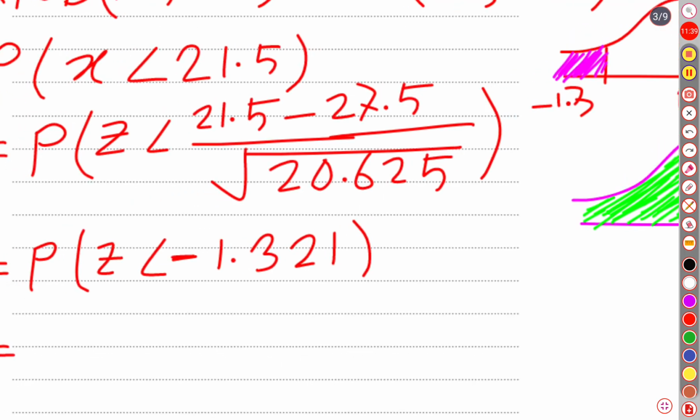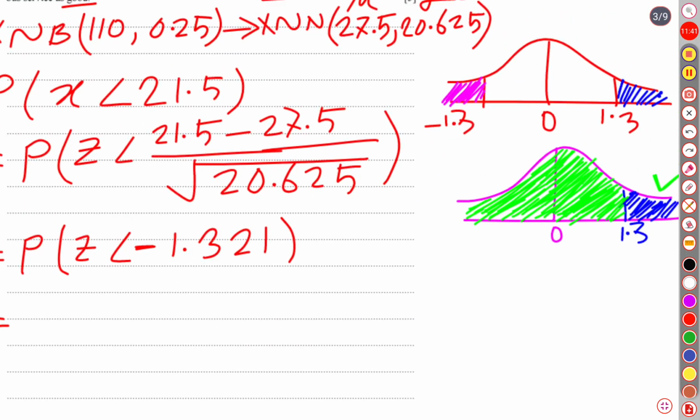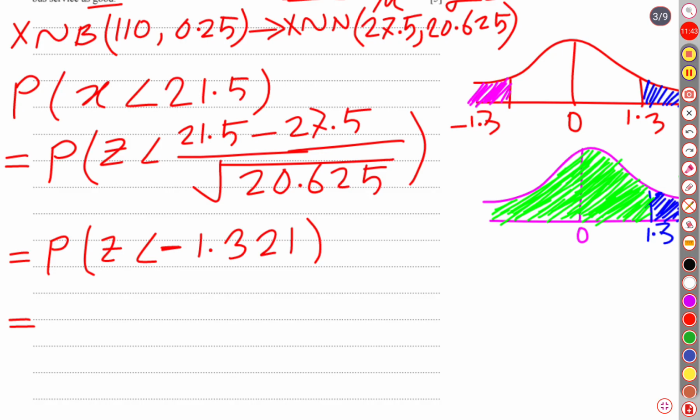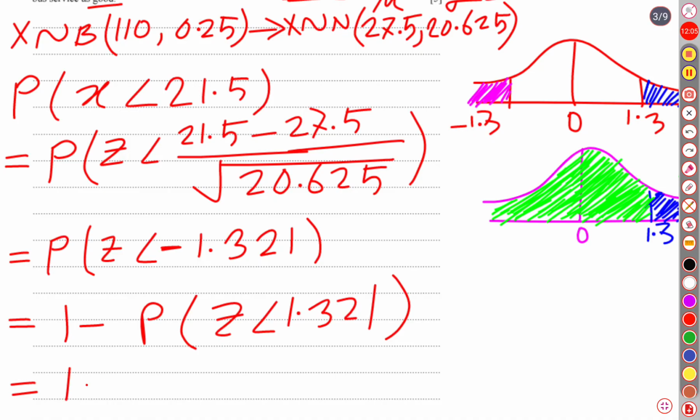So how to write this? We will just write 1 minus probability of z less than 1.321, because we know there is no probability given in the probability distribution table for any negative z-score. So let's see, using our normal distribution table, when the z-score is 1.321, let us find the probability.